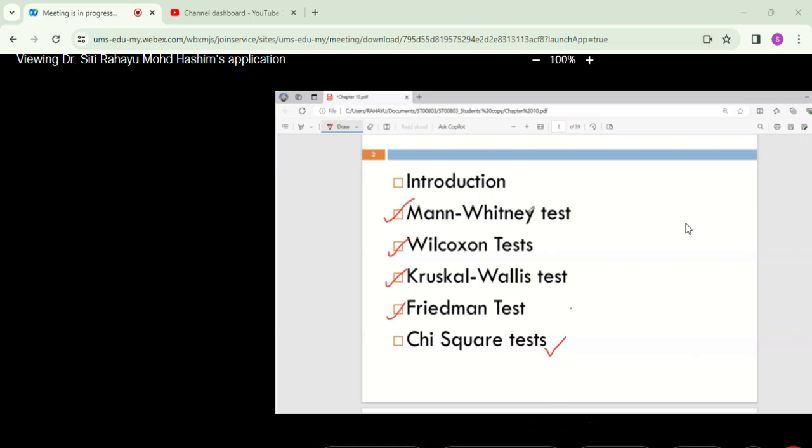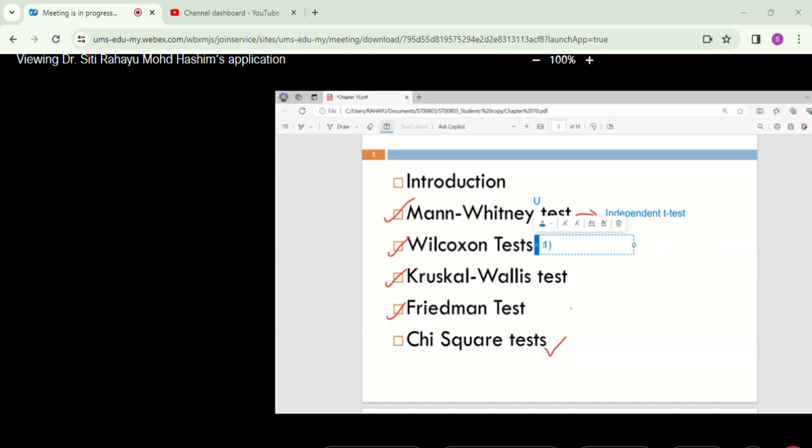Okay, so if it's easier for you to remember, for the Mann-Whitney U test, oh I forgot U here, we have U, capital letter. Mann-Whitney U test, sepatutnya ada U kat sini, okay. This one is the alternative for the independent t-test. And then for the Wilcoxon test, we have two types.